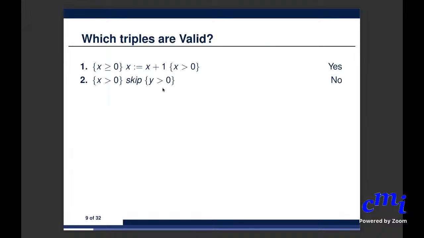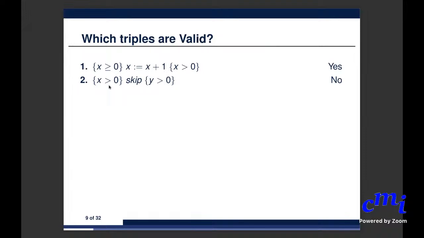Yes, you're right. And a clear way of saying it is that the precondition is not constraining y in any way. So y could be anything in the pre-state, okay? In particular, y could be negative, for example.